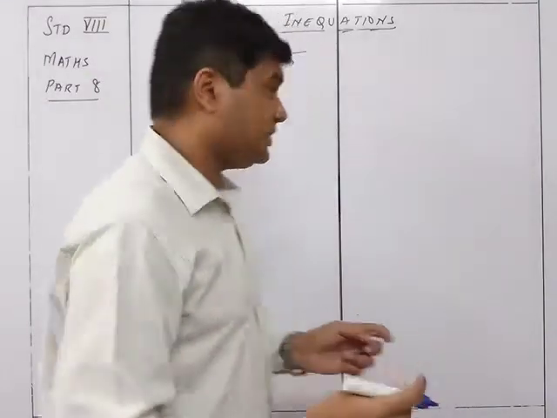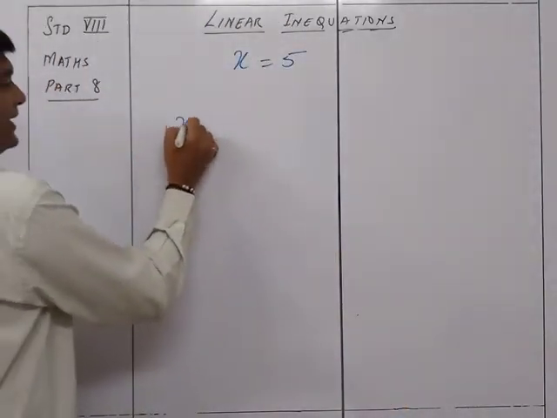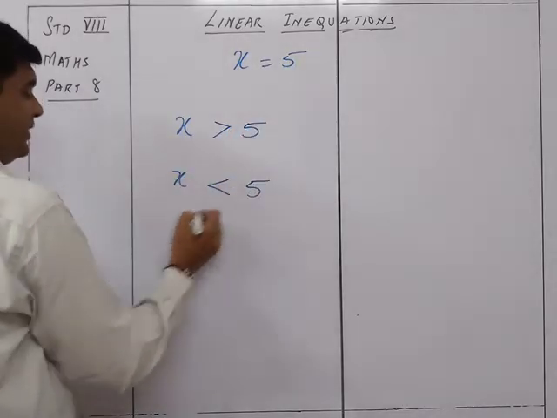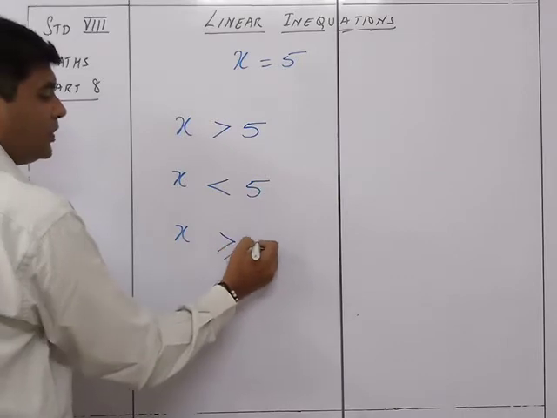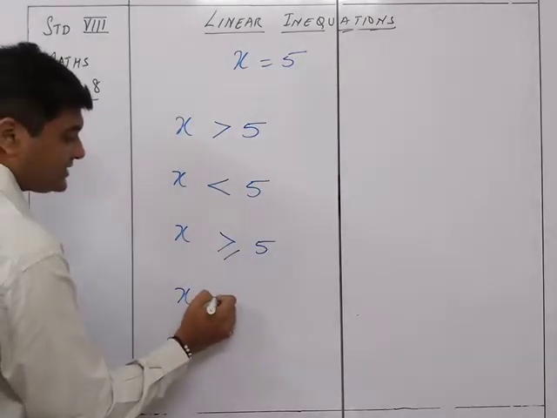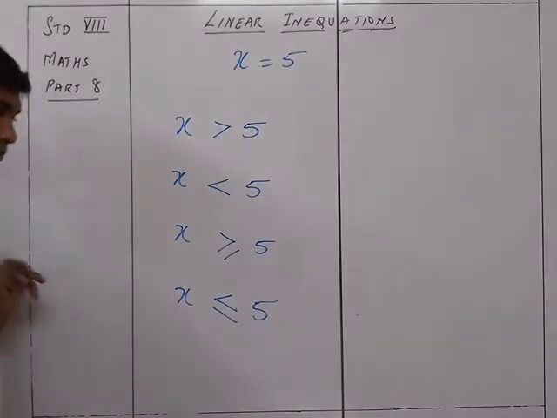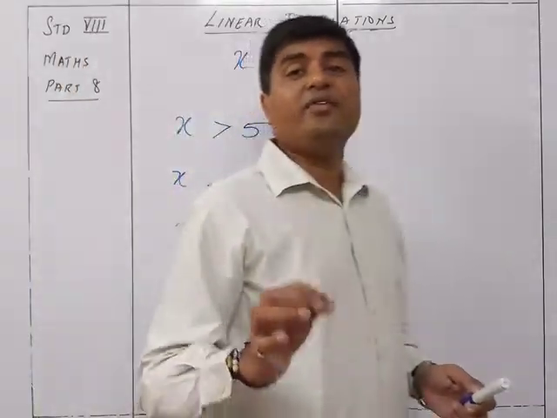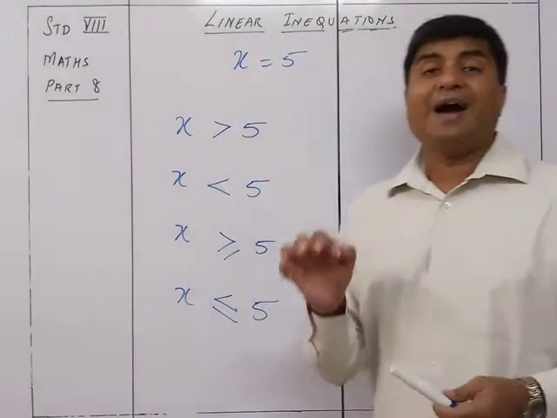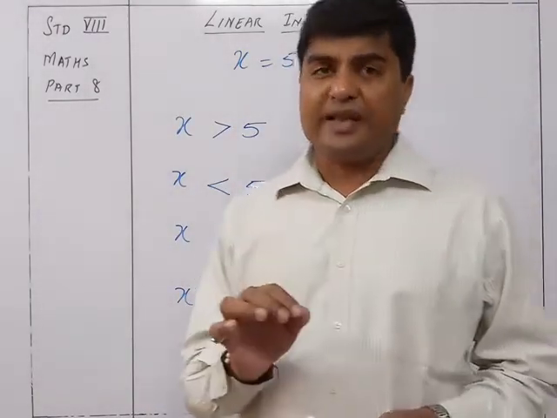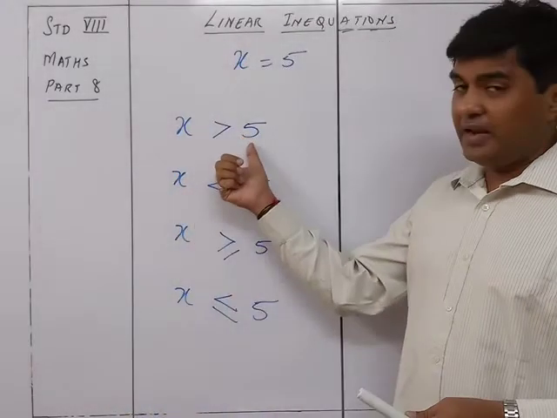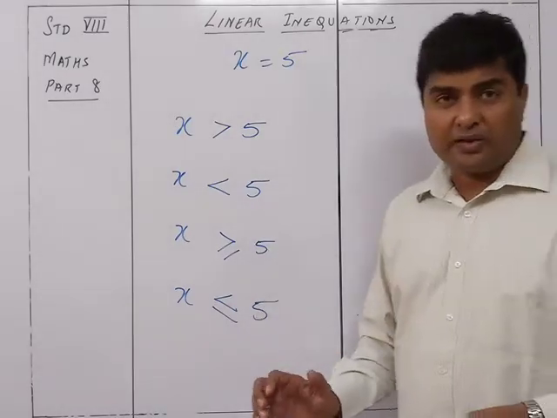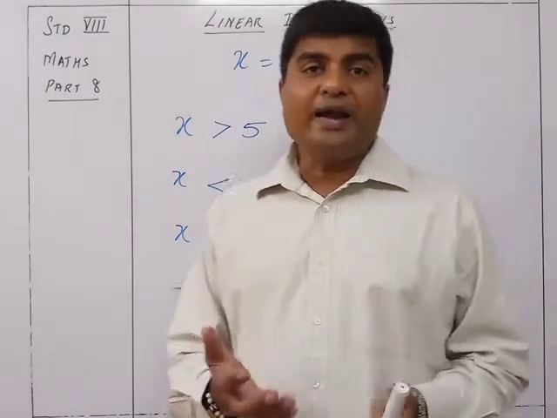But in an inequation my answer would be either x is greater than 5 or x is less than 5, x is greater than equal to 5 or x is less than equal to 5. These are four options, and in each case the answer will not remain the same. This has a different meaning, this has a different meaning, this has a different meaning, and this also has a different meaning. So how do I identify what the answer is?